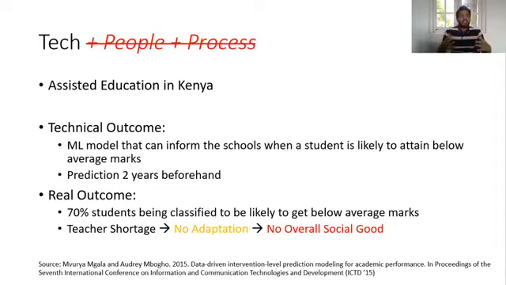Get us machine learning and AI to help with the situation, but it went the other way because you needed more teachers to help these students, which meant that a lot of schools were very reluctant to adopt this system, which will eventually lead to less or no overall social good. So this is another scenario where, when you don't align the external stakeholders that are apart from the technology in the process, there might be room for failure.